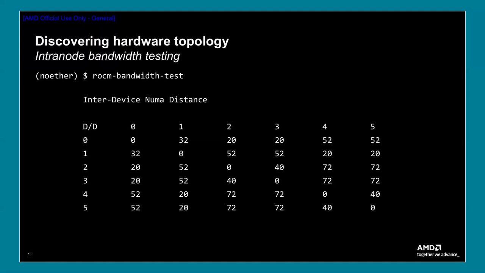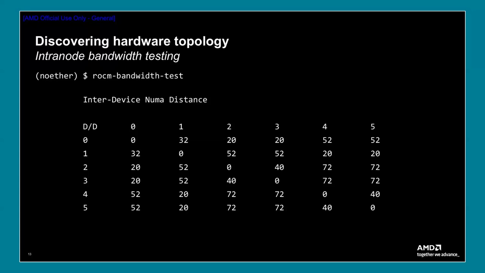But if I want to go between GPU 0 and 1, it costs me 40, which is consistent with the idea that I'm going from the GPU into the NUMA domain, and then from the NUMA domain back to the other GPU, because I get a cost of 20 to go from CPU to GPU, and another 20 to go from GPU to CPU, which gives me that 40.